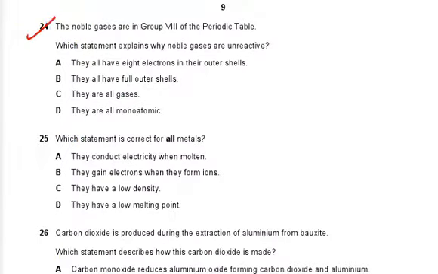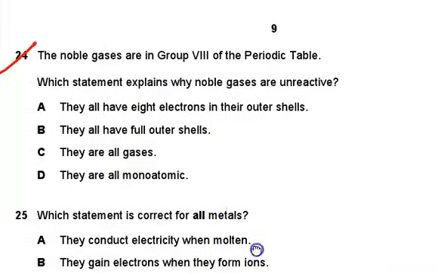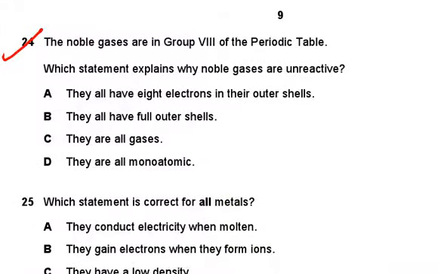Okay, number 24. Let me make it bigger. It looks much better. Noble gases are in group 18, the last one, which is inert. Which statement explains why noble gases are unreactive? It's not about gas, it's not about monoatomic.